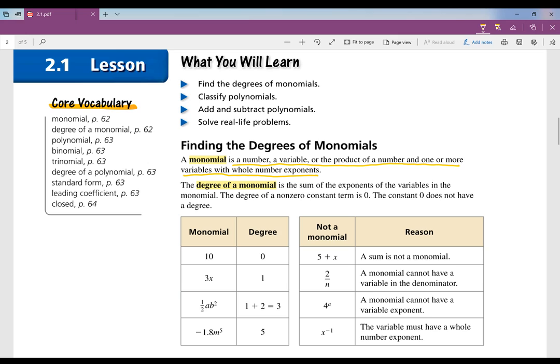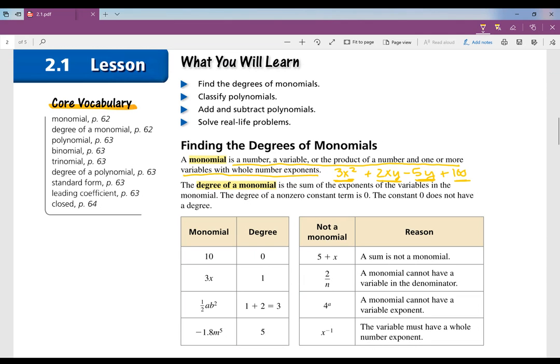So, for example, if you had something like 3x squared plus 2xy minus 5y plus 100, each of these individually are examples of monomials. So if you have these terms by themselves, then they would be a monomial.